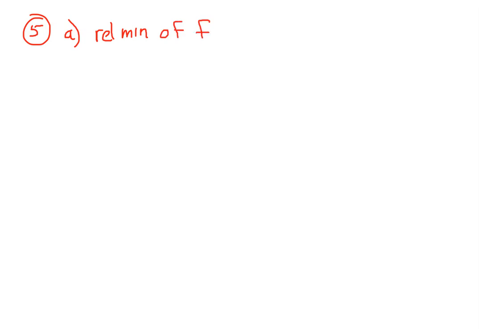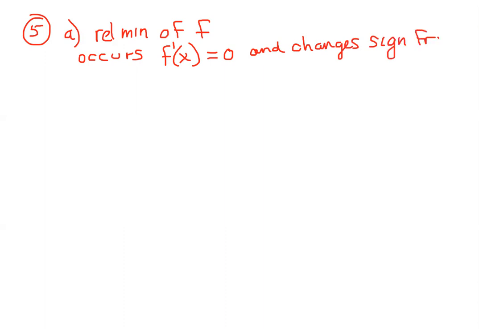Well, a relative min occurs, and you should probably write this down somewhere, when f prime equals 0 and changes sign from negative to positive. So where's f prime equal to 0?